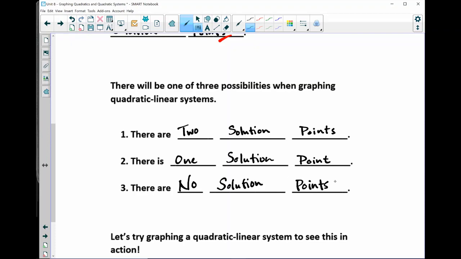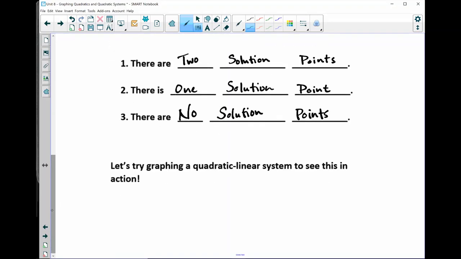And once you see one of these done in front of you, you will instantly understand the difference between these 3. So let's try graphing a quadratic linear system to see this in action.